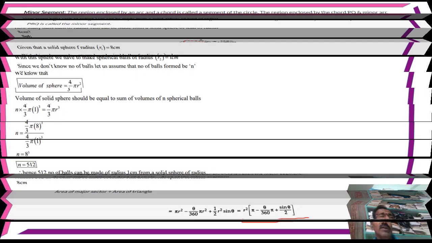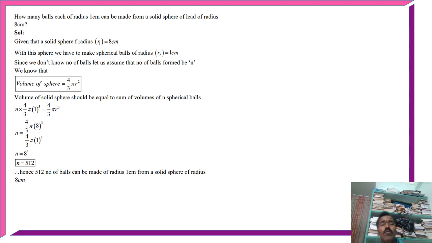Now let us do some problems on models, surface areas and volumes. How many balls, each of radius 1 centimeter, can be made out of a solid sphere of lead of radius 8 centimeter? Simple. Solid sphere, the bigger sphere is R1. Let us take R2 as 1 centimeter. Volume of sphere formula is 4/3 pi r cube.